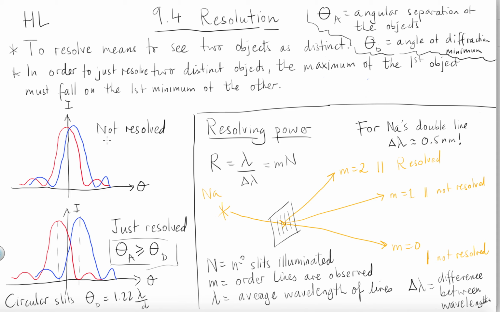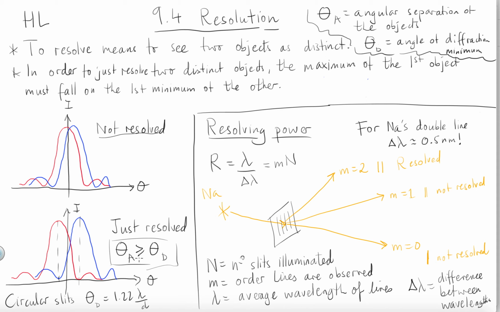Therefore in this situation we say they are not resolved. However, down here, when the objects maybe have got a little bit further apart, we say they're just resolved because the maximum of one falls on the minimum of the other, and likewise the maximum of the other falls on the minimum of the first one.